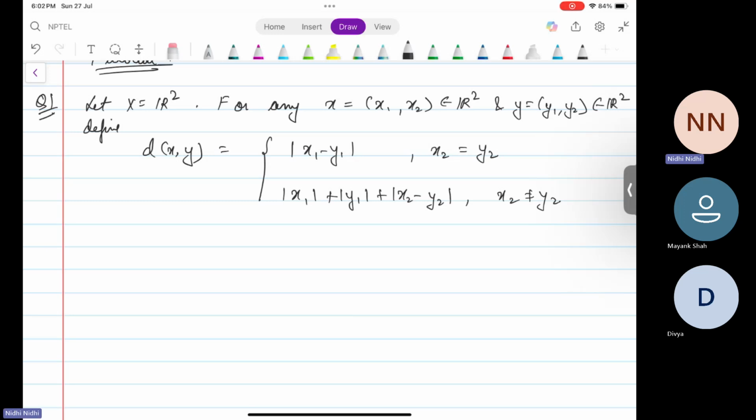So check whether this d forms a metric on the space R2 or not.